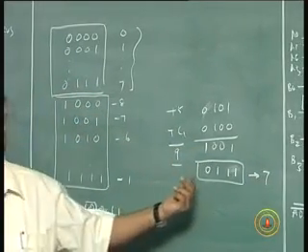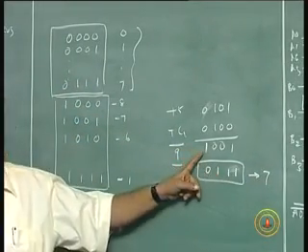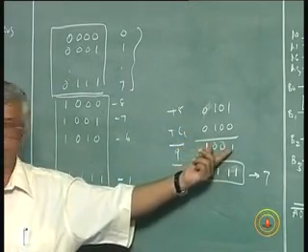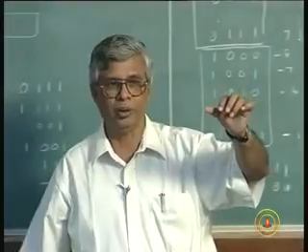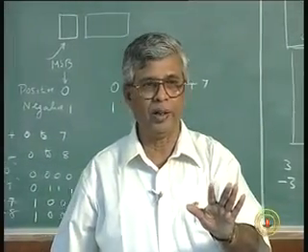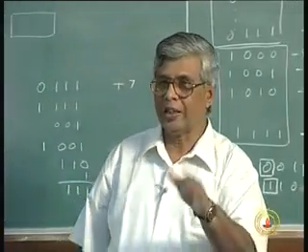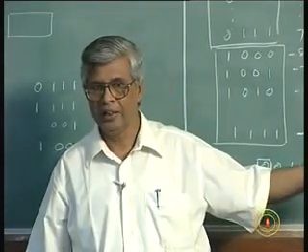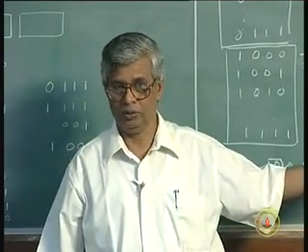Why is it happening? Because the number 9 exceeds the 3 bits allotted for the magnitude. 9 is a 4-bit magnitude. I have allotted only 3 bits for the magnitude representation. Since it exceeds that, it's an overflow error. Of course, we will not talk about those things here. It's called overflow.